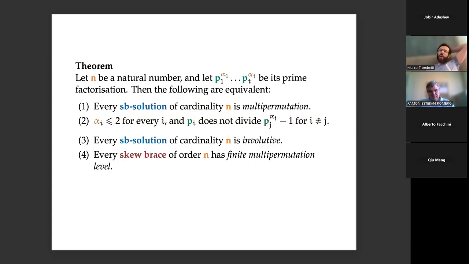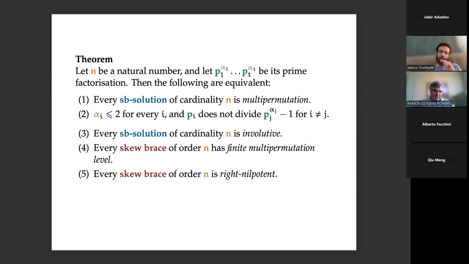And actually we can weaken those conditions again, as we did before. Instead of requiring that all your skew braces of a given order have finite multi-permutation level, you can maybe require that those skew braces are right nilpotent.